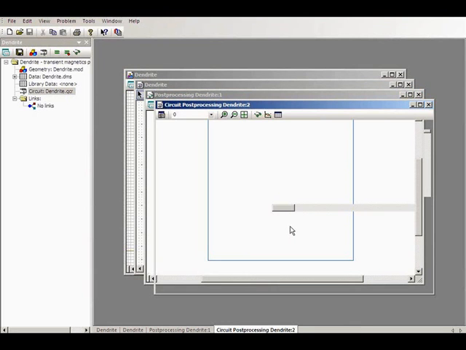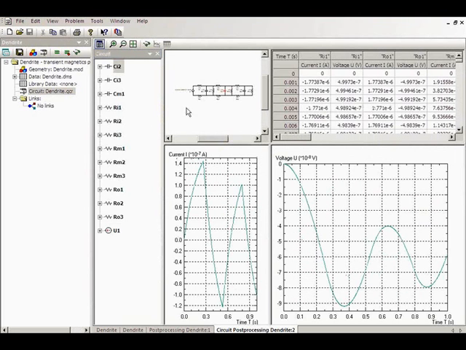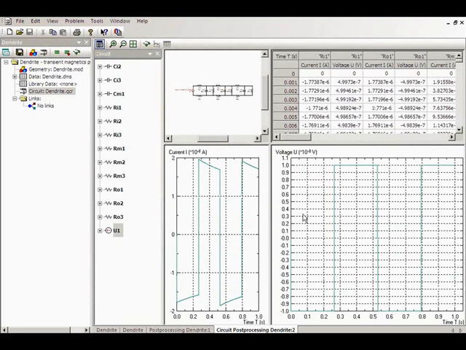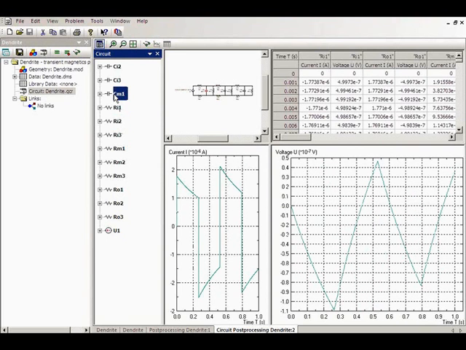Looking at the coupled circuit. So this is the supply voltage here. You can see it's a square wave that's alternating between 1 and -1 microvolt. The current, which is slightly distorted, and across each element here we can look at the response.